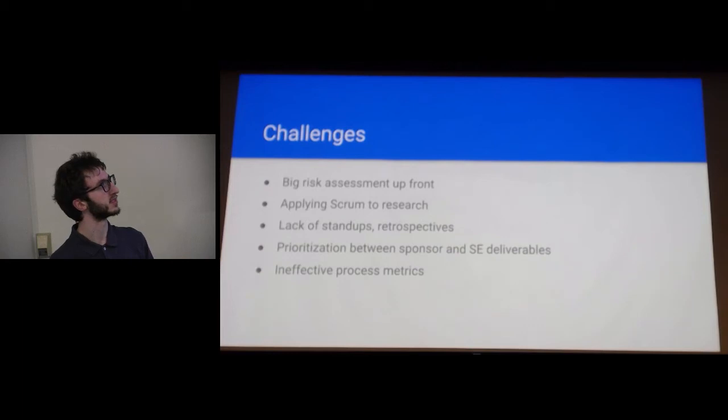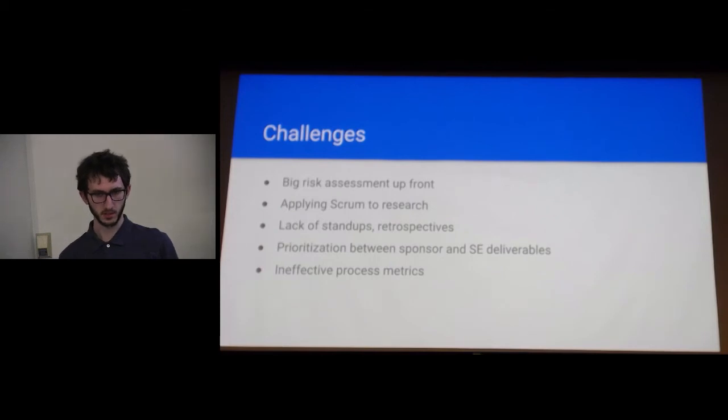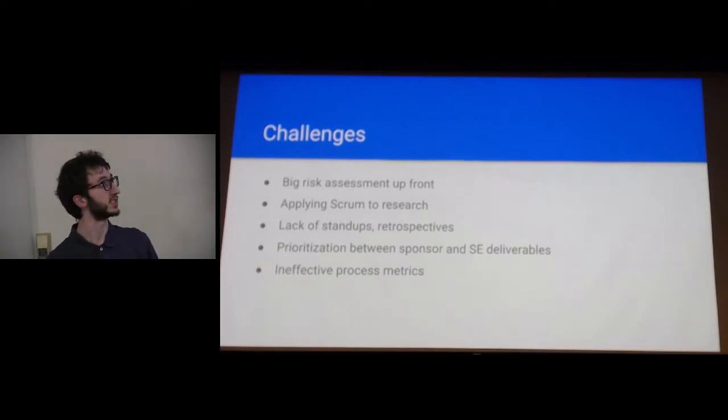The omission of stand-ups limited our visibility amongst teammates, and the lack of retrospectives limited our ability to optimize process. Also, we occasionally missed some SE deliverable due dates because we were prioritizing the sponsor deliverables. And also, we came up with 2 process metrics regarding the efficiency and completeness of our research tasks, but we did not find those to be helpful, and we discarded them.